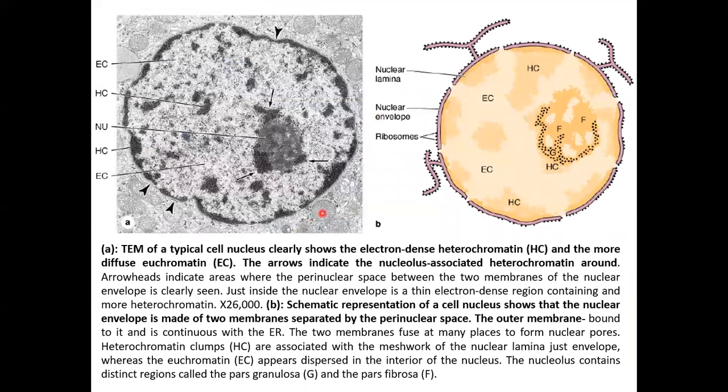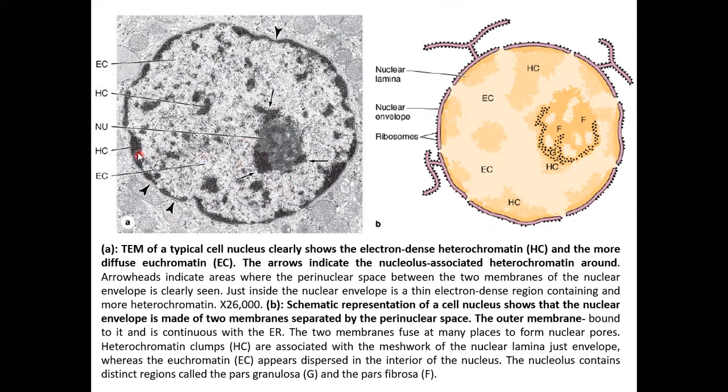So guys, we have here a picture showing you the structure of your nucleus under your electron microscope. So this is our picture A, under your transmission electron microscope. This is the appearance of a typical cell nucleus. If you can see here, it has electron dense heterochromatin.